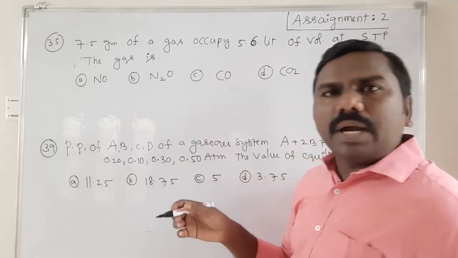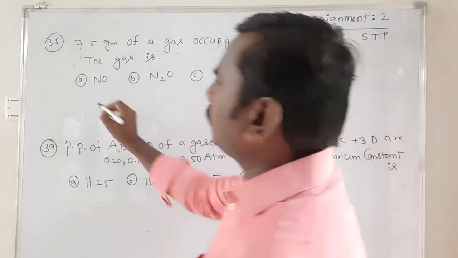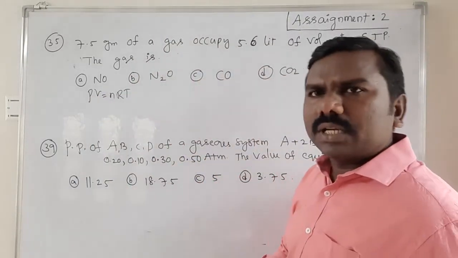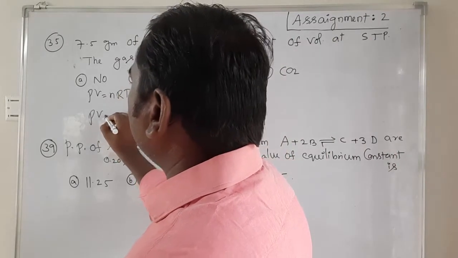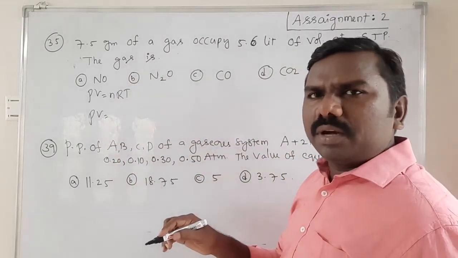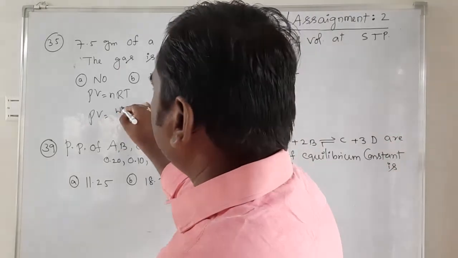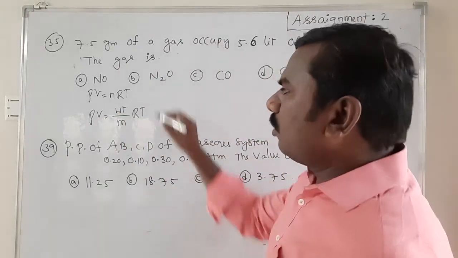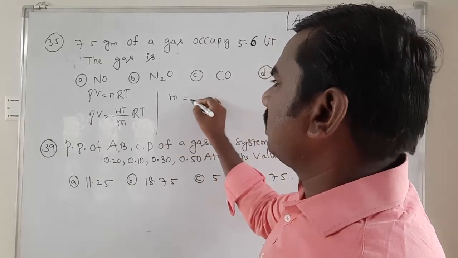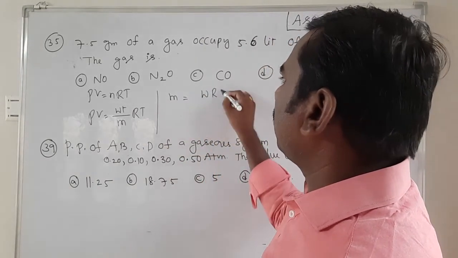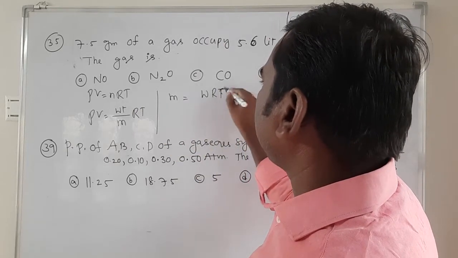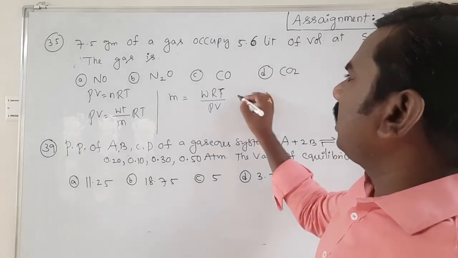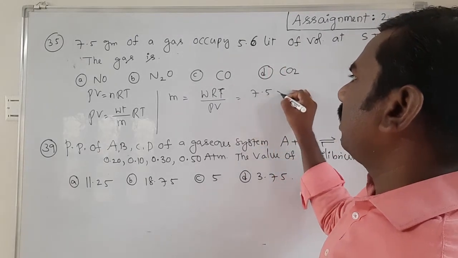This is according to the ideal gas equation. You know the ideal gas equation: PV is equal to nRT. Correct? So PV is equal to the number of moles, the formula we know already, mass by molar mass, weight by molar mass, into RT. We want the molar mass, which is equal to weight RT by PV. What is the weight given, students? 7.5 grams.